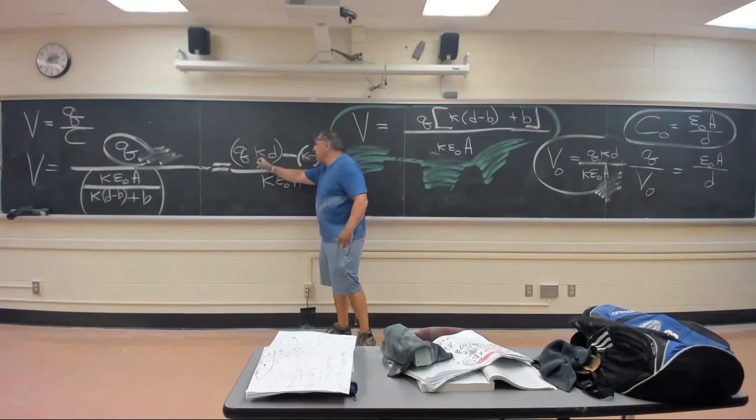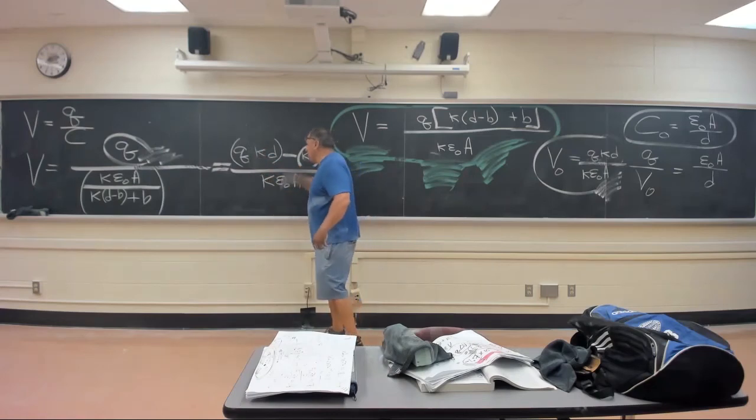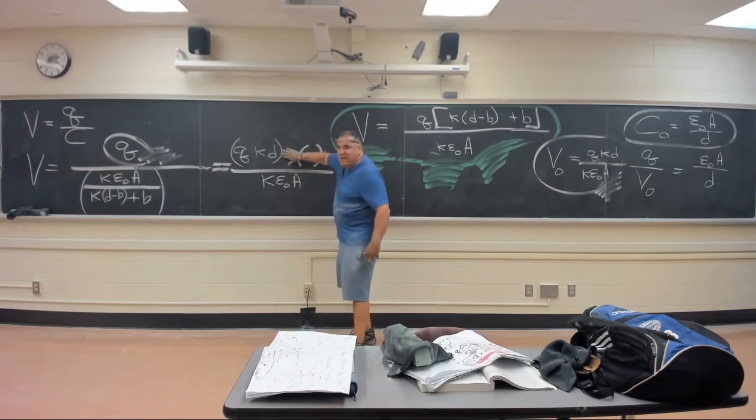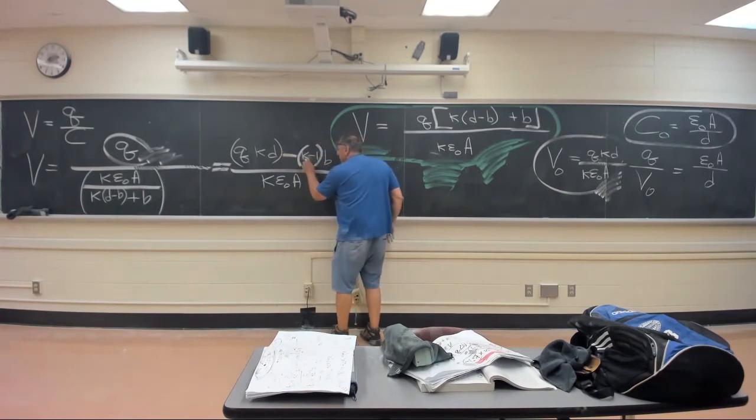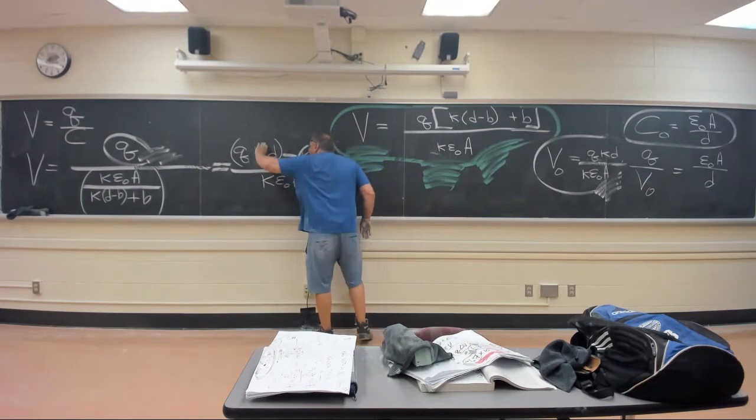Subtract a positive answer from here, and you get a smaller answer than it would have been without this present. Subtract the positive from this, you get a smaller answer than this.